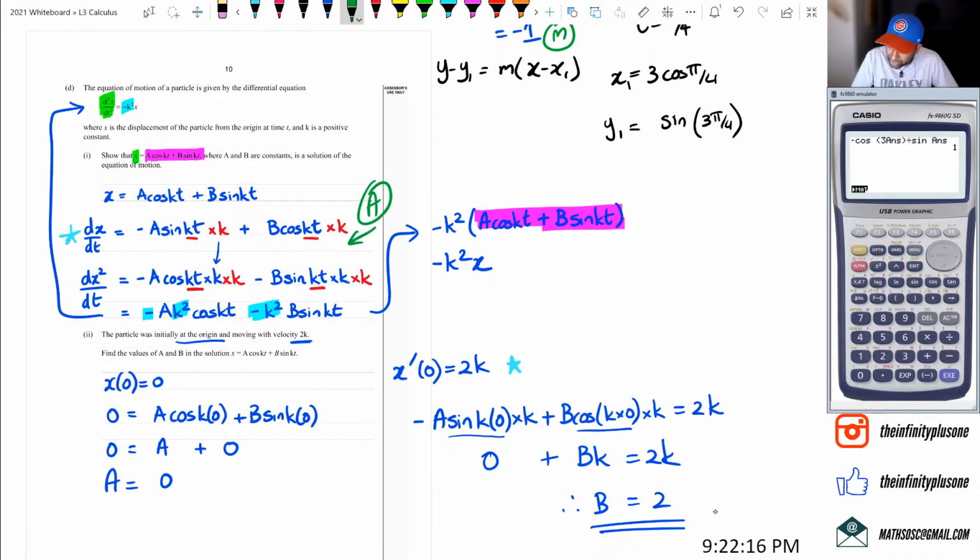But for merit, you've got to do both parts of it. Yeah, that is an annoying question, eh? The differentiation part is all right, but it's trying to understand that they're mixing up velocity and displacement, and differentiation is just a little bit trickier.